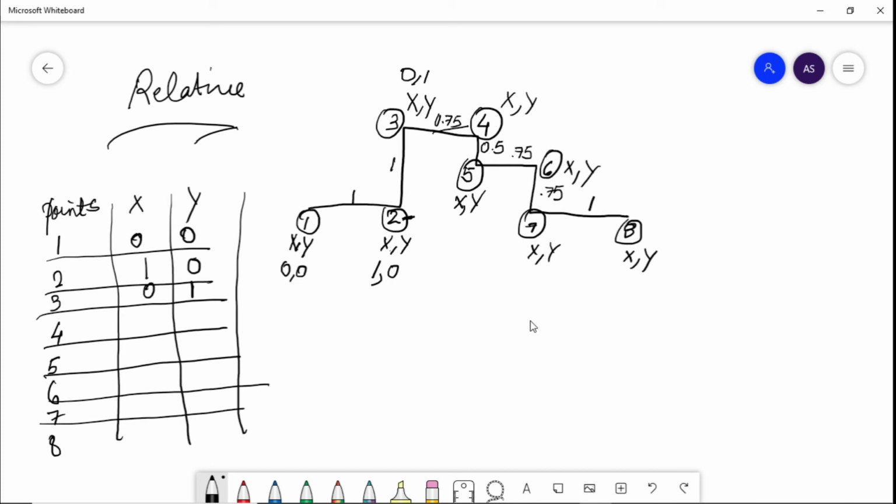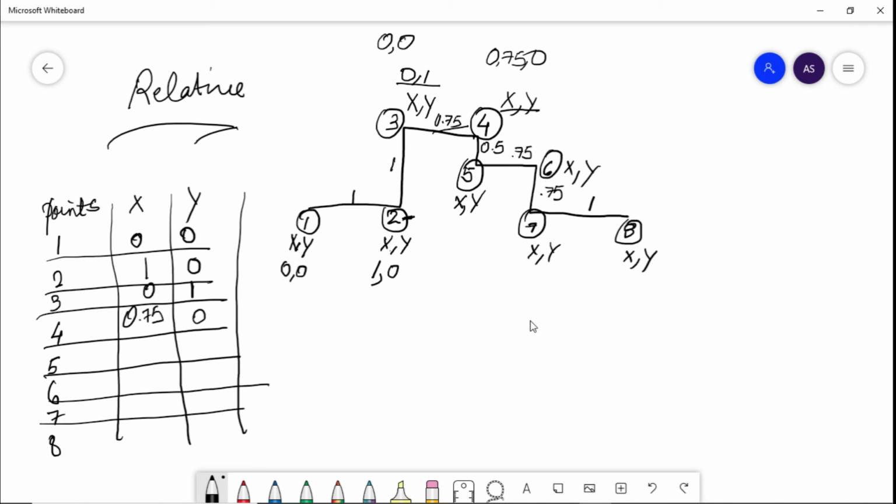And now we can calculate that the last point will act as our reference point, and if this is the reference point, this last point will become 0 comma 0. And to reach point number 4, the value of x is 0.75 and the value of y is 0. So over here the x value is 0.75 and the value of y is 0.